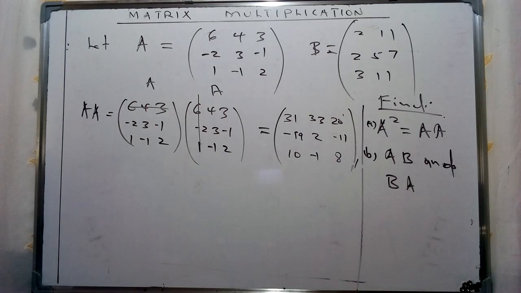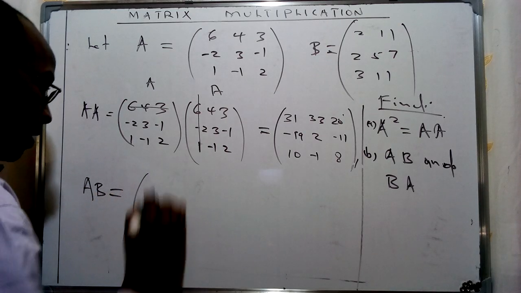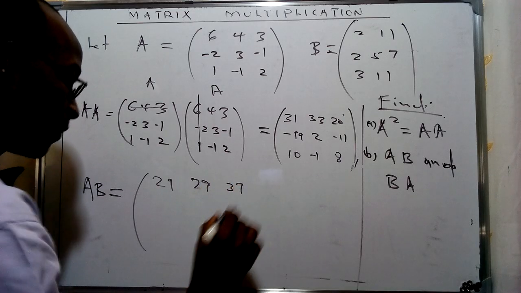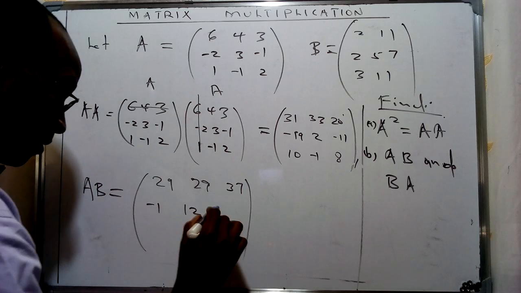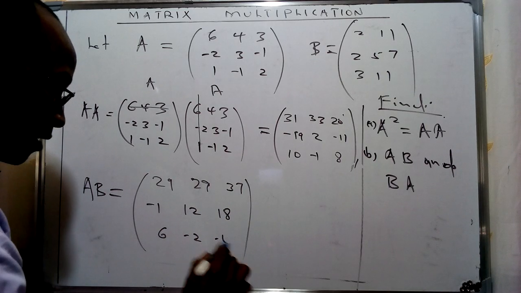And of course, I'm going to find the product AB, giving me the range of values 29, 29, and 37, and then negative 1, 12, 18, 6, negative 2, and negative 4.